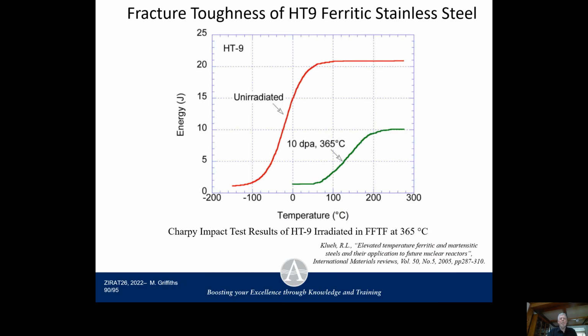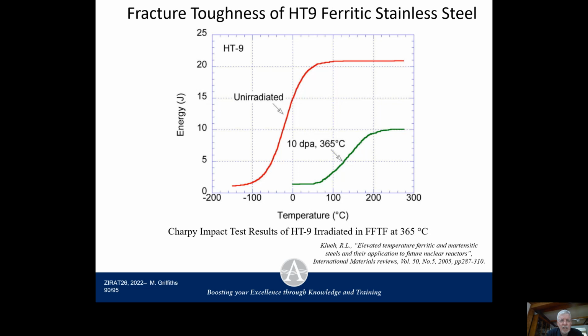Okay, and then finally, how does this relate to stainless steels? As you know, most ferritic steels or low alloy steels are pressure vessel steels, and I haven't talked about them. So that's normally where one talks about ductile to brittle transitions.